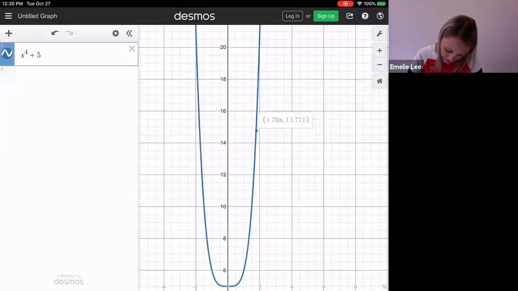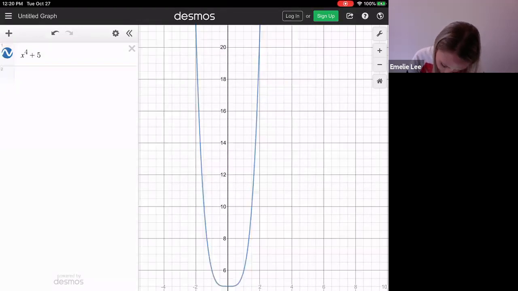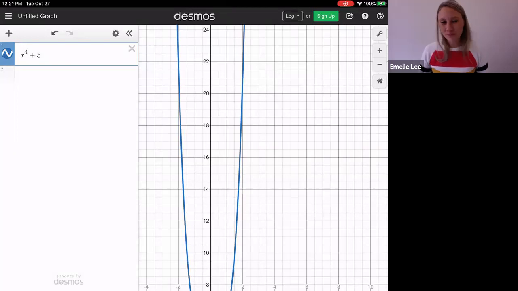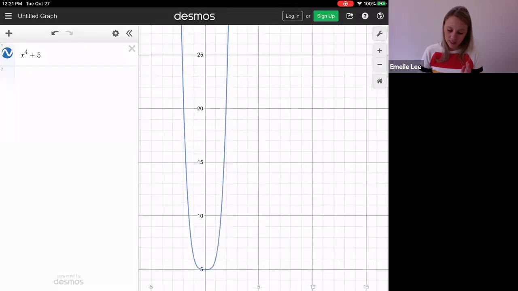Now I'm restricting my window in between x equals 0 and x equals 2.